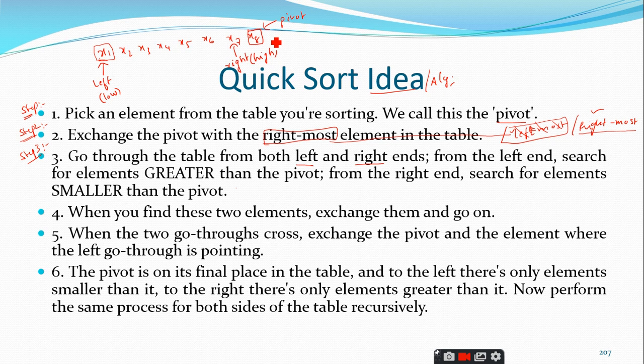We know that left is always less. So, if x 1 is less than x 8, that is, the element that is pointed by left is less than the pivot, then nothing you have to do, you just have to increment the left pointer.